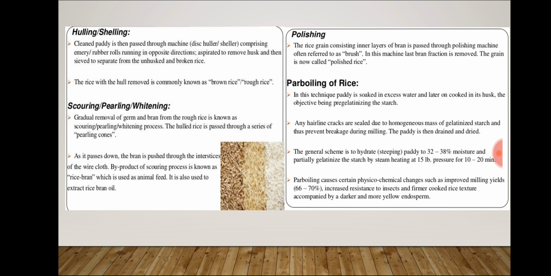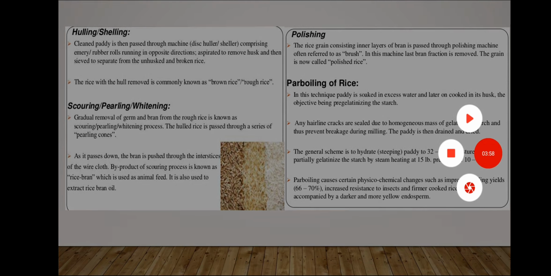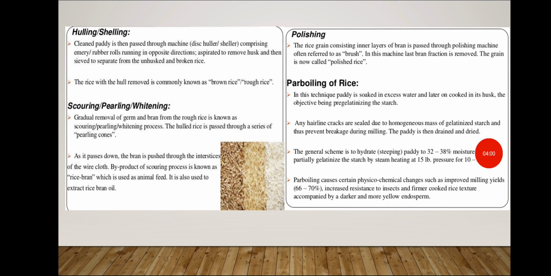The byproduct of the scoring process is known as rice bran, which is used as animal feed. It is also used to extract rice bran oil.